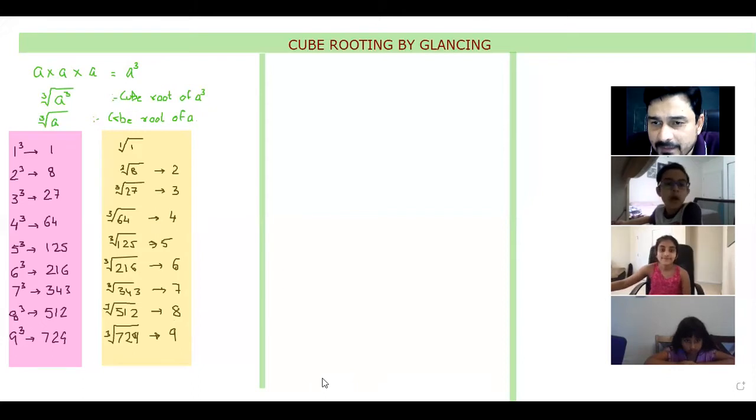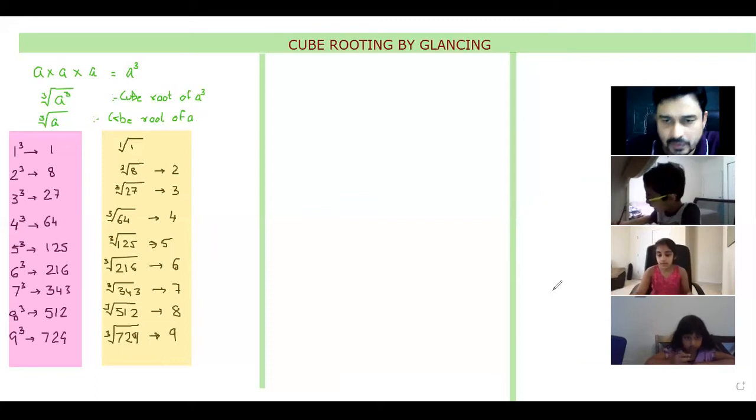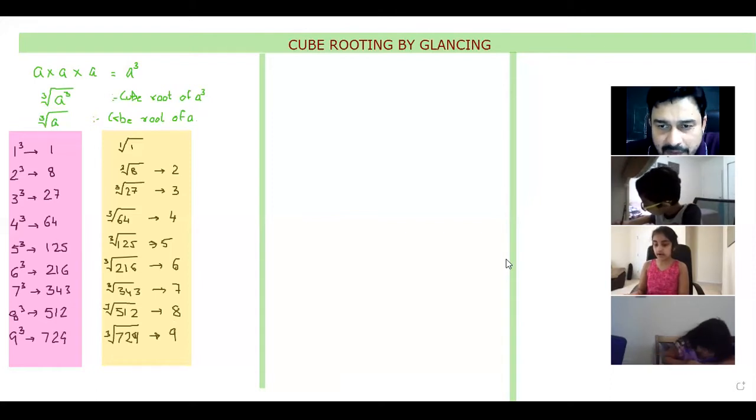Cube of 6. Now just repeat it a few times. Those who have not written it, they can write, and others, please go through it several times.